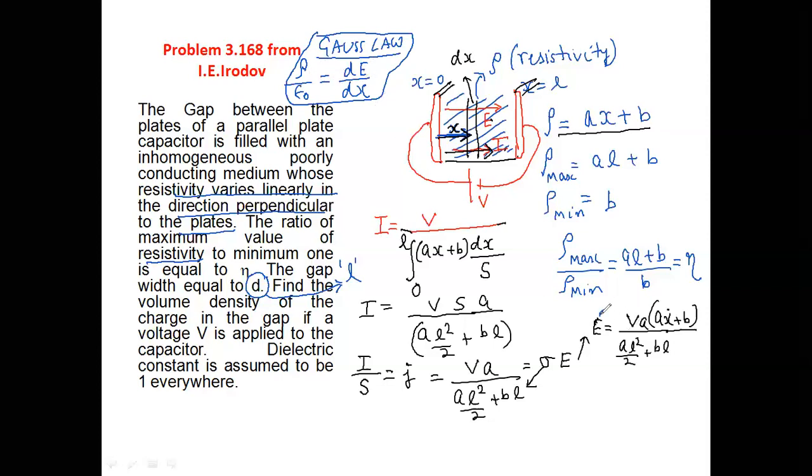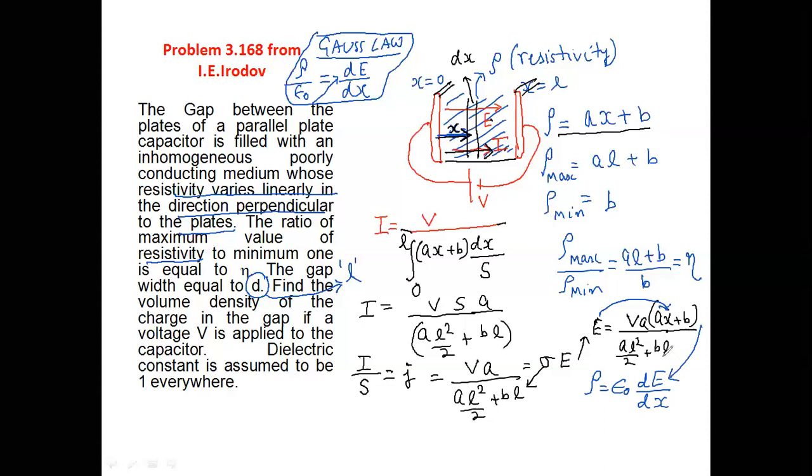Now E is in terms of x. I believe you can find dE by dx from here and just multiply epsilon with dE by dx. So you differentiate this equation, and then rho will be epsilon times dE divided by dx. I leave the differentiation part for you.